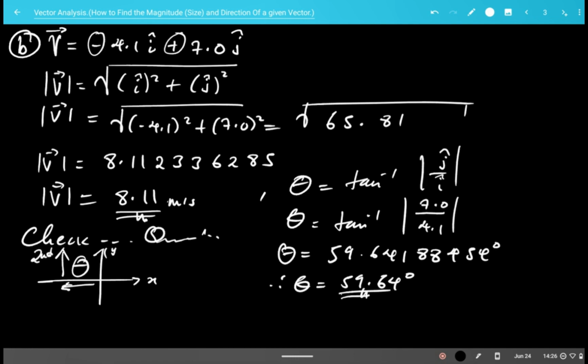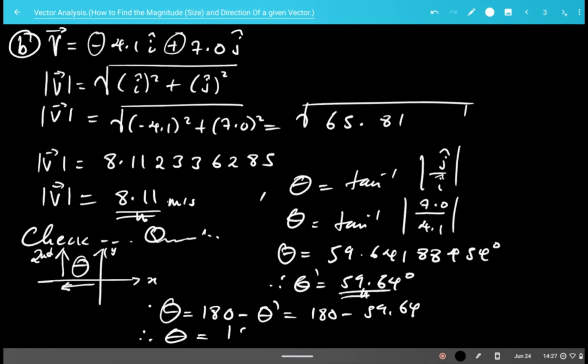And for the second quadrant, your final angle, let me call this theta prime, will be 180 minus theta prime, which is 180 minus 59.64, which means that your final angle will be 120.36 degrees, and this will basically be the direction of our vector.